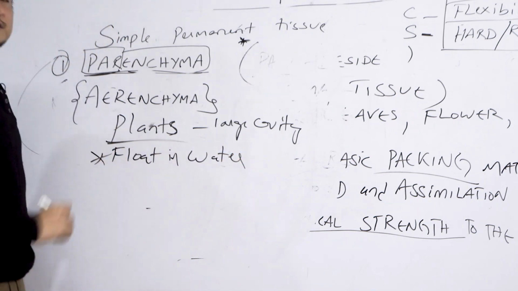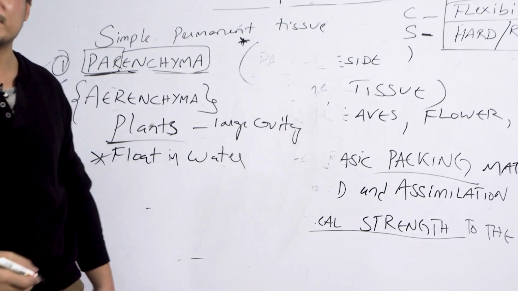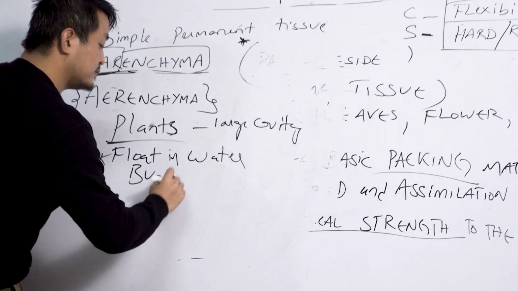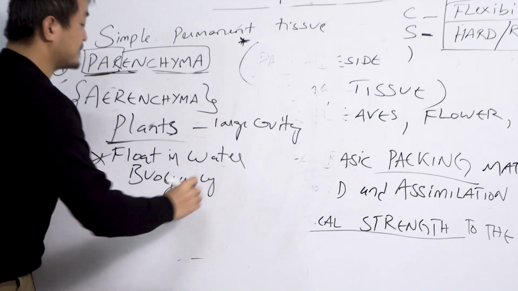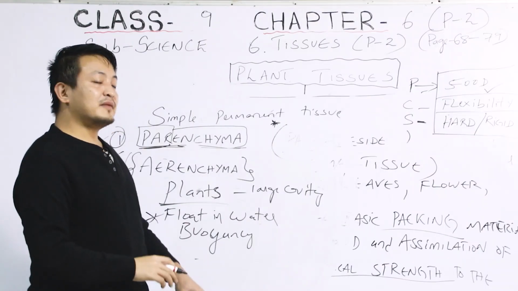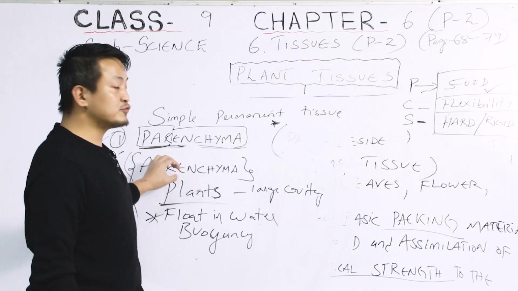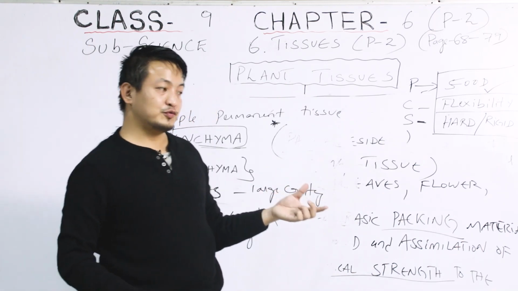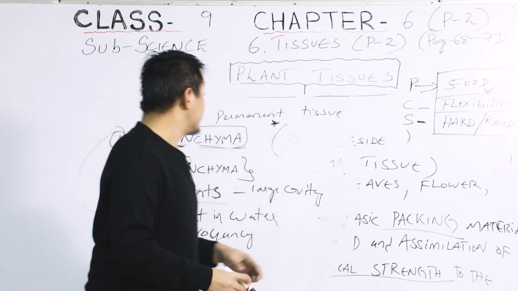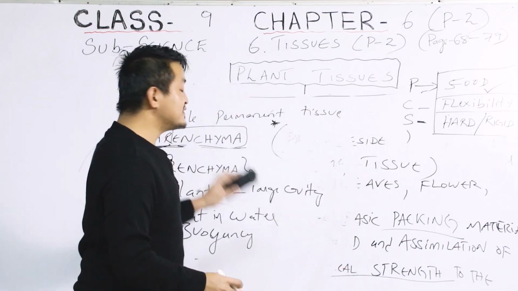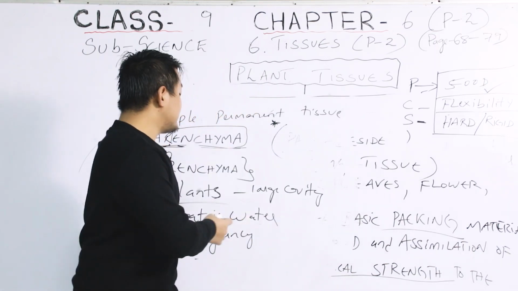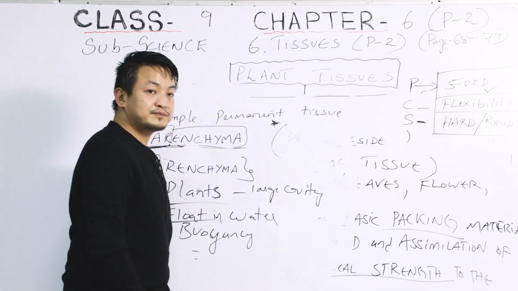It gives buoyancy to the plants. So under parenchyma, just get familiar with these words. Chlorenchyma is to do with chloroplast being present, and aerenchyma is for the plants under the water. They have a large cavity, and that helps them to float in the water.